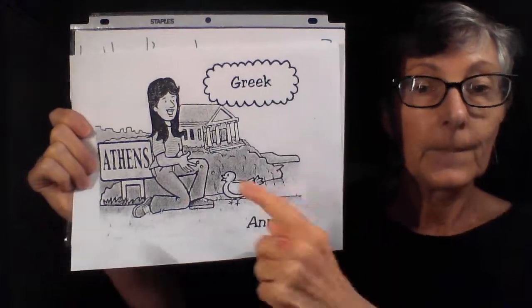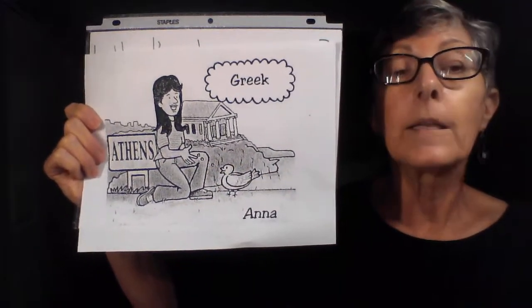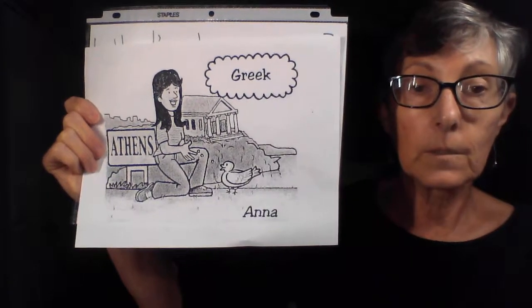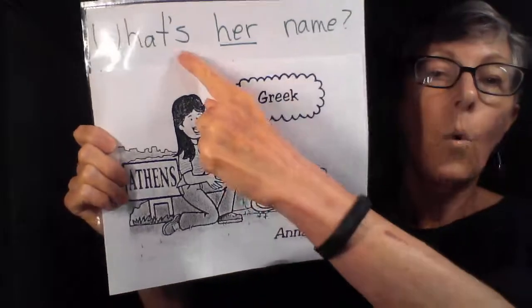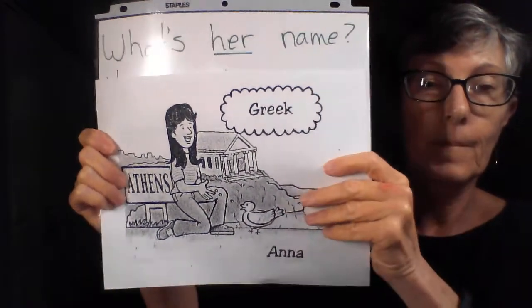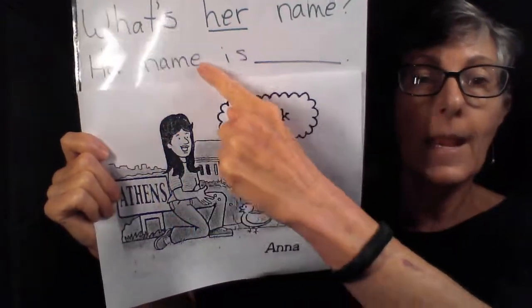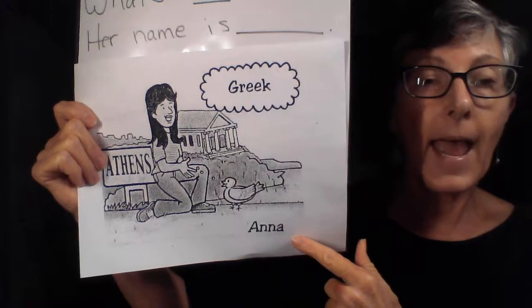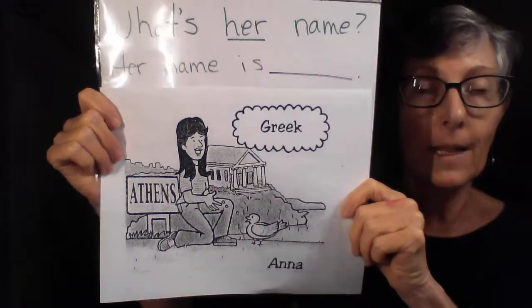Number 3, he or she. Correct, she. And what other word do we use? Correct, her. What's her name? Answer. Her name is Anna.